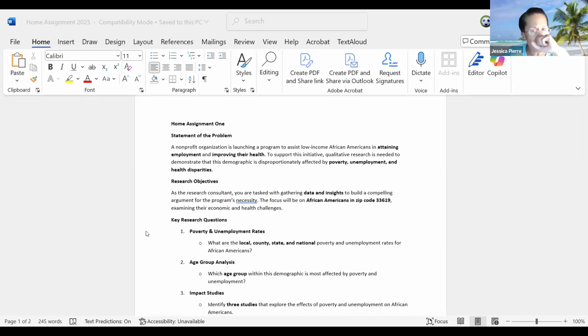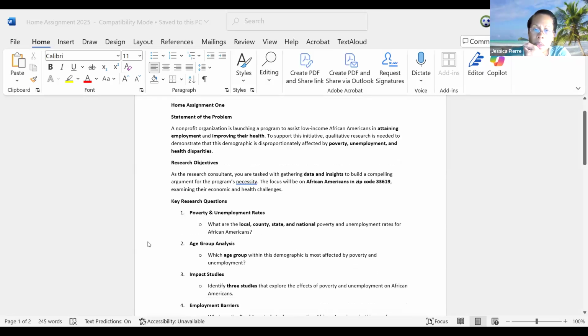A nonprofit organization is launching a program to assist low-income African Americans in attaining employment and improving their health. To support this initiative, qualitative research is needed to demonstrate that this demographic is disproportionately affected by poverty, unemployment, and health disparities. Research objectives. As a research consultant, you are tasked with gathering data and insights to build a compelling argument for the program's necessity.